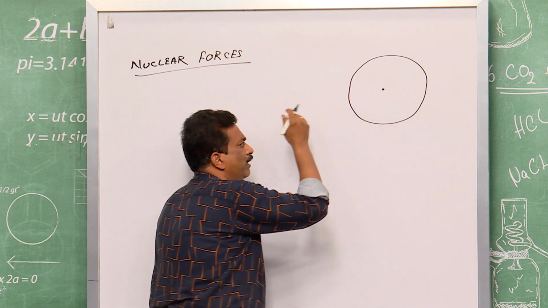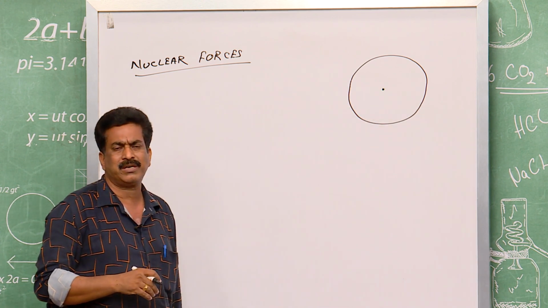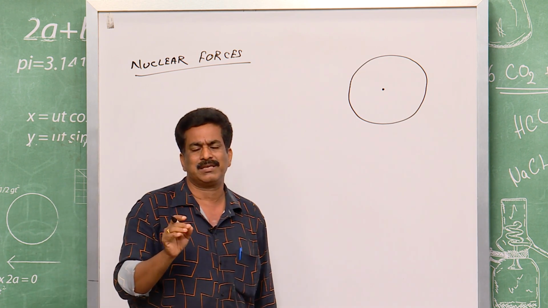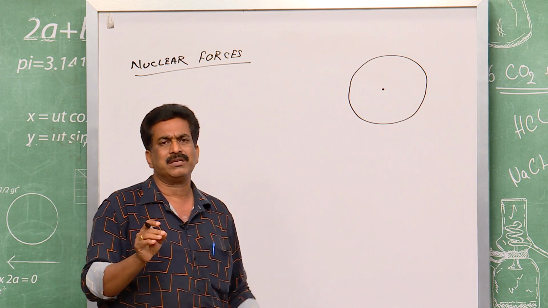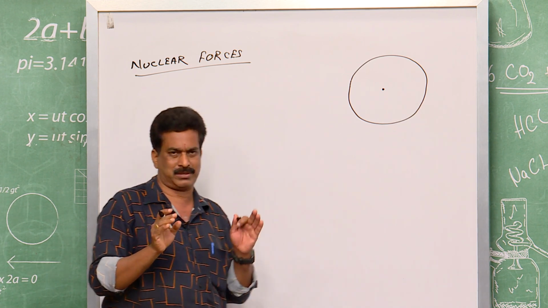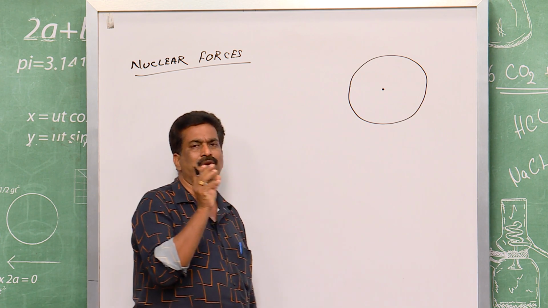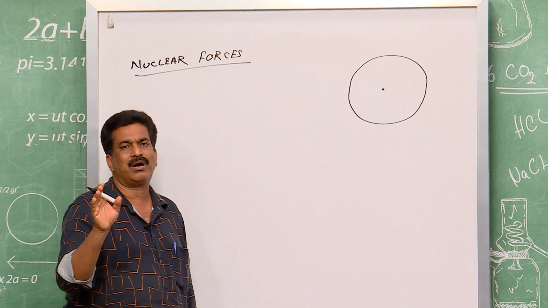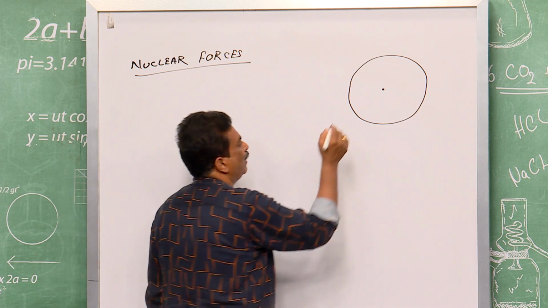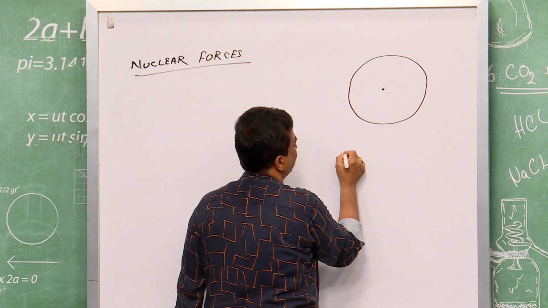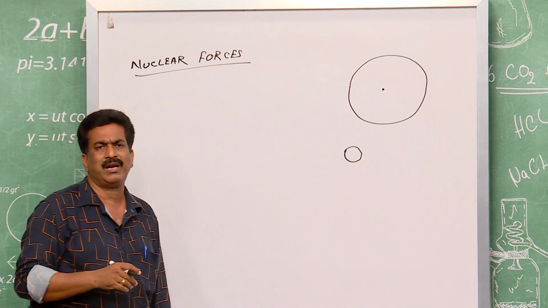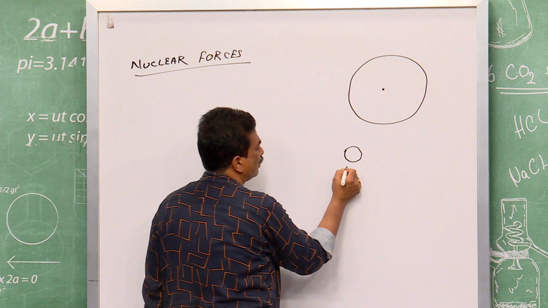In Nuclei Part 2, we considered that the nucleus looks like a sphere, but it is not completely a sphere; at the center it looks like a sphere, and away from it, it deviates slightly.